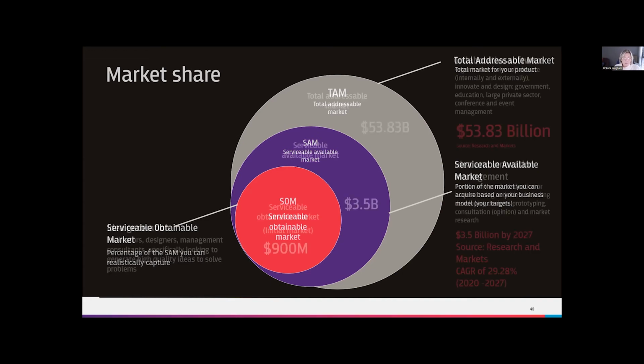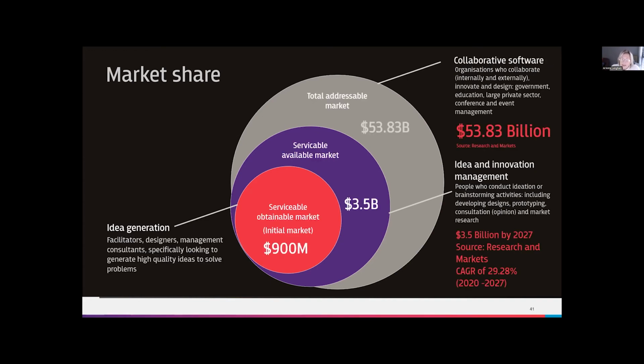So here's an example of one that I had for my business, Spark Tank. You can see here that the TAM is the collaborative software market, which is a market of $53 billion potentially. The area that I'm really focused on is idea and innovation management, which is a much smaller part of that market, which is around 3.5 billion or expected to be by 2027.